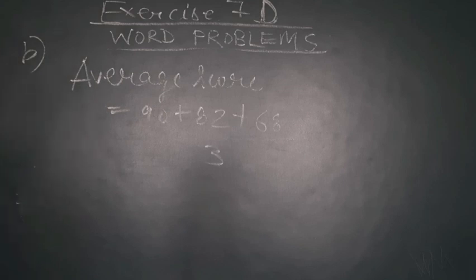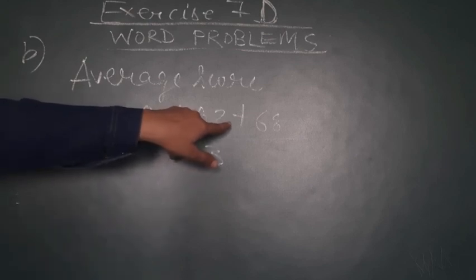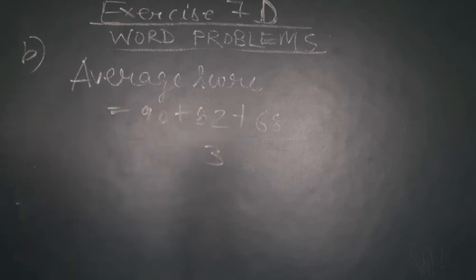And yes, if you want to find out the average by the short trick, what you have to do? Arrange all the numbers in ascending order and the middle number will be the average. If the numbers are in even number, that means if there are 4 numbers, then middle 2 numbers just add them and divide it by 2.